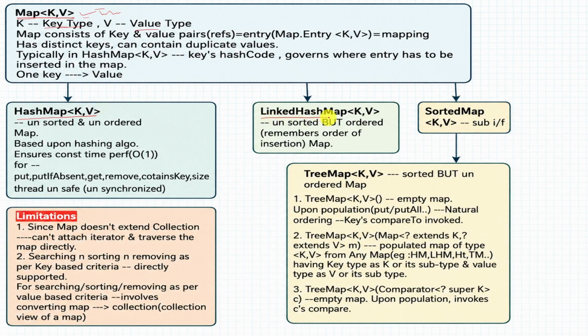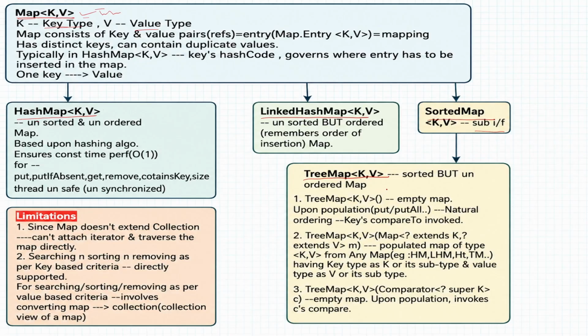LinkedHashMap is also one of the implementation classes. SortedMap is a child interface of map. Map is the parent interface, SortedMap is the child interface or sub interface, and TreeMap is the implementation class of the SortedMap.